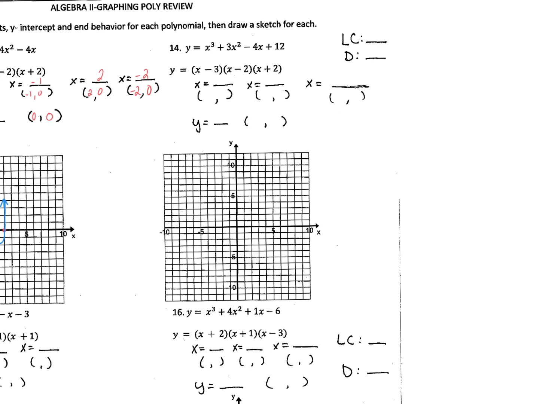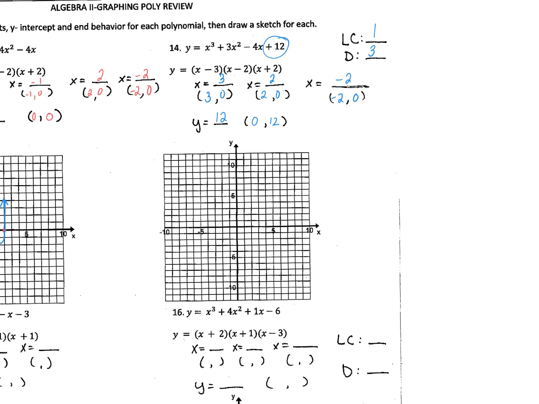On to 14. My zeros were x equals 3, x equals 2, and x equals -2, and then my y-intercept was 12, so (0, 12). My leading coefficient was 1, and my degree was 3.